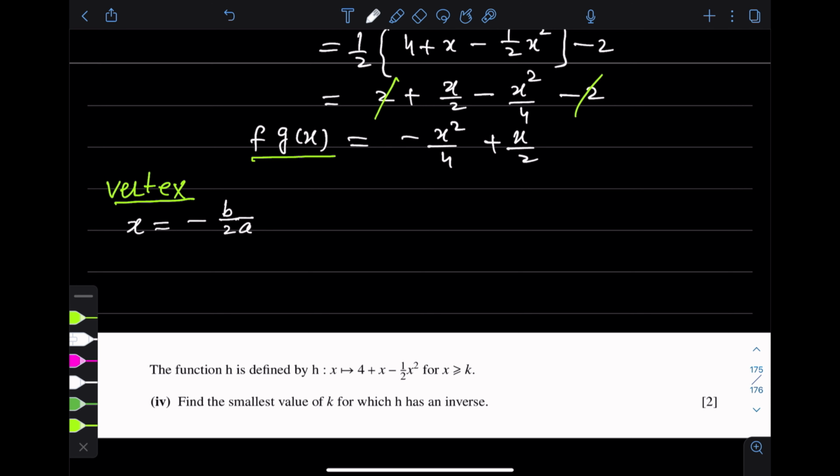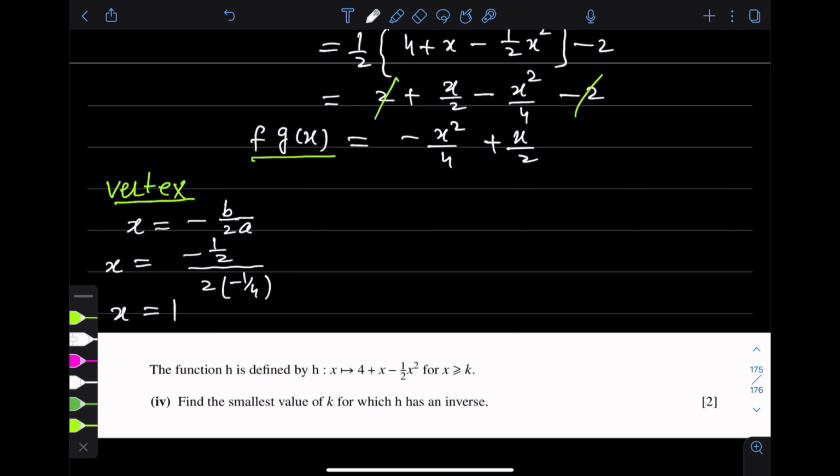A is the coefficient of x square, b is the coefficient of x. So look at this function fg(x). X will be equal to minus b over 2a, minus 1 over 2 over 2a. 2 into a is minus 1 over 4. So x is equal to 1.